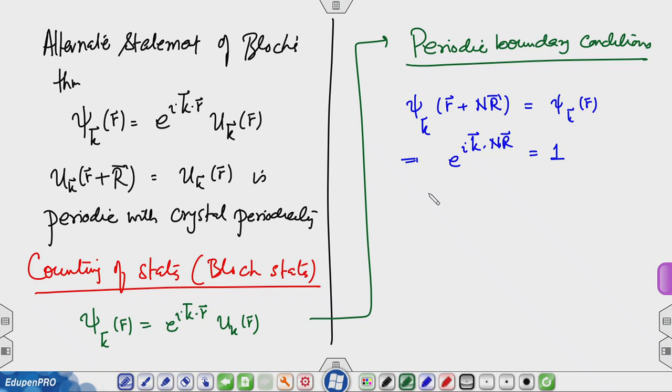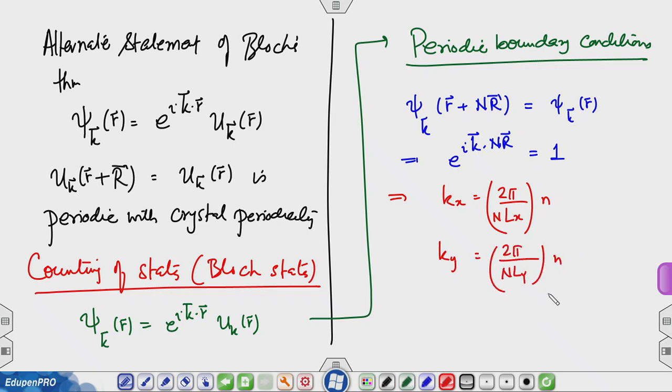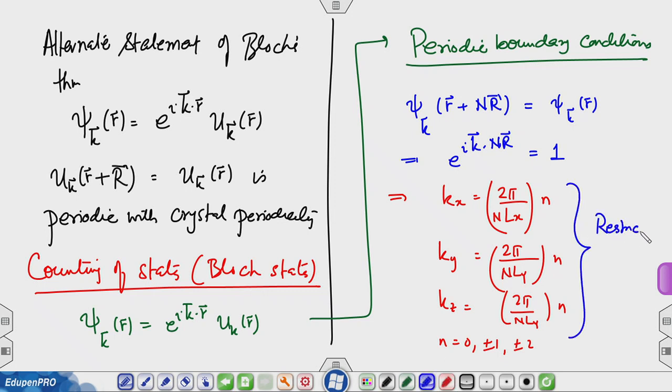And this immediately implies, like in free electrons, that k x is going to be 2 pi over L x times n, k y is 2 pi over L y times n, and k z is 2 pi over L z times n, where n is 0, plus minus 1, plus minus 2, and this is all restricted to the first Bloch zone. So, it is exactly like the free electron boundary condition.